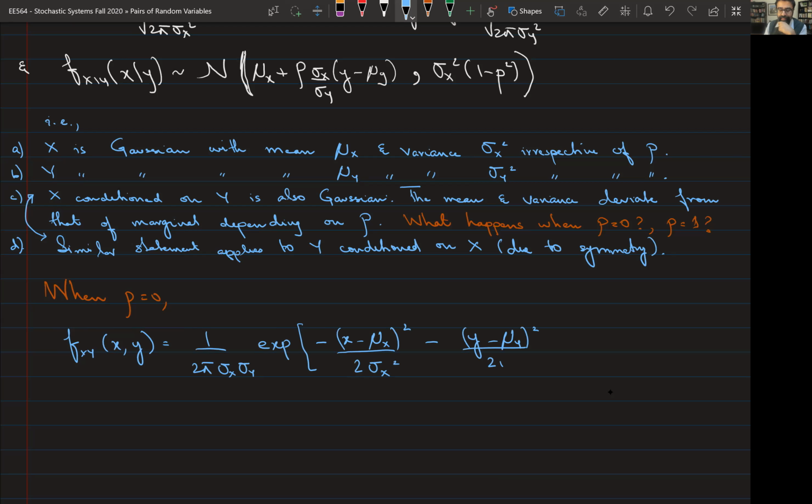Is there anything I can say about this joint probability density function? Is there anything special about this, or any form that clicks right away? It's the product of marginals, right?